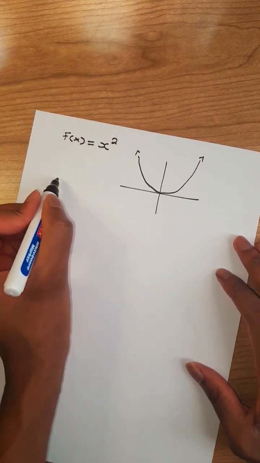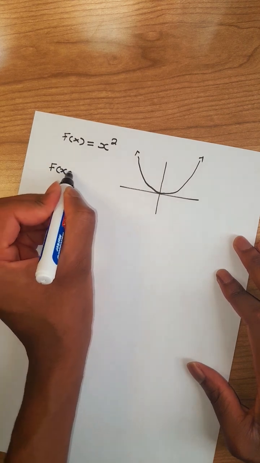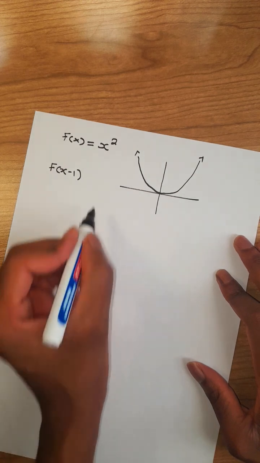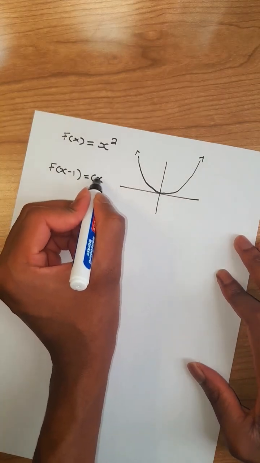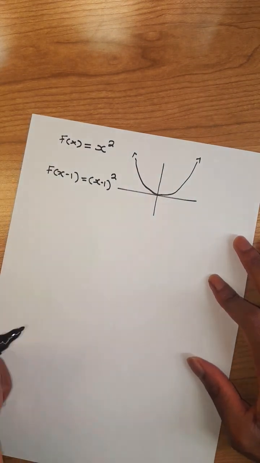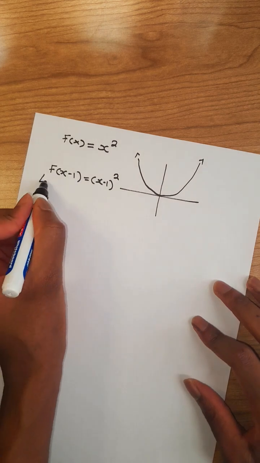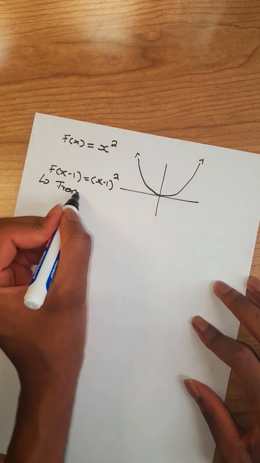But what happens when I say, wherever there is x, I'm just going to put x minus 1? It means that I'm now going to have (x minus 1) squared. This is what we call transformation.